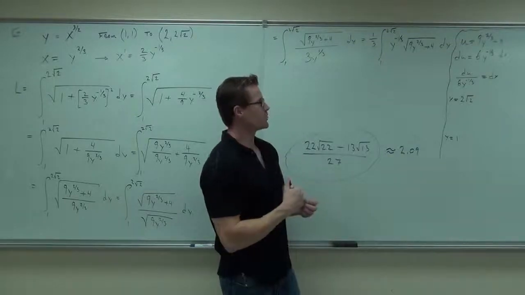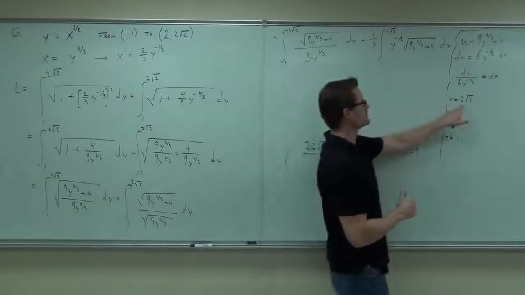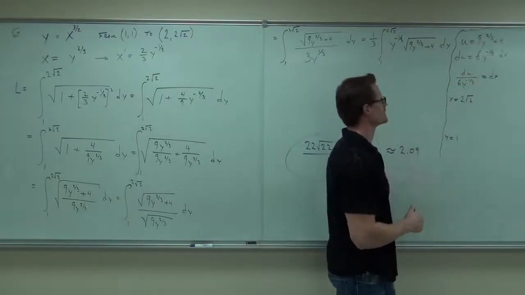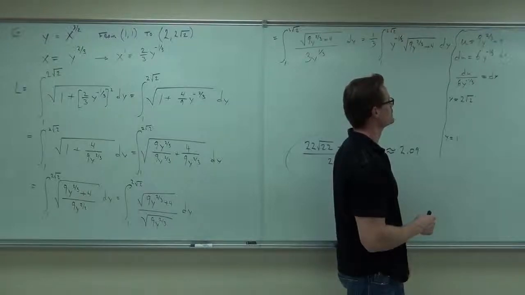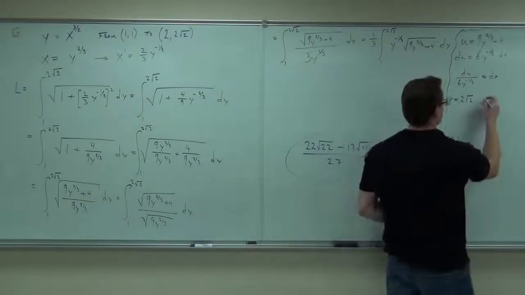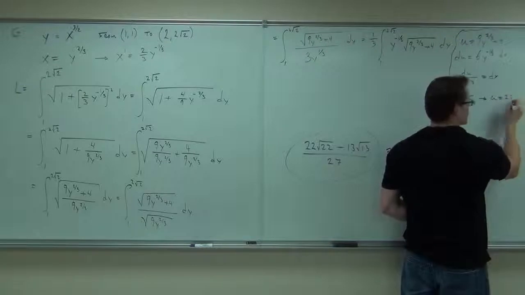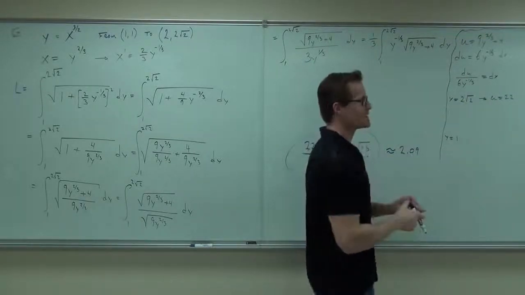So when y equals 2 root 2, let's plug that in. You're going to square it and take the cube root of it. Pretty sure it's 22. You don't believe me, do you? Well, let's think about it.